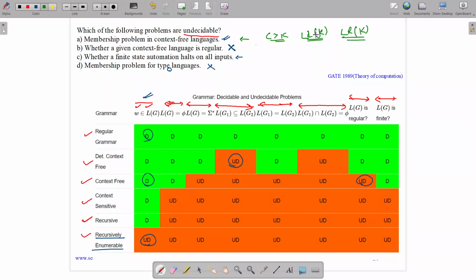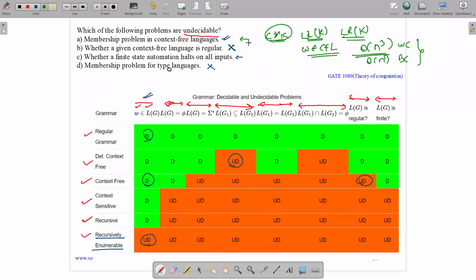In fact, the upper bound to determine if w belongs to a context-free language or not is order of n cube in the worst case, using the CYK algorithm, and the best case can be done in order of n. As we have algorithms for this, it is a decidable problem.